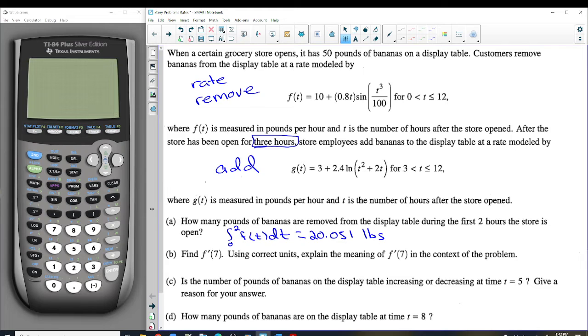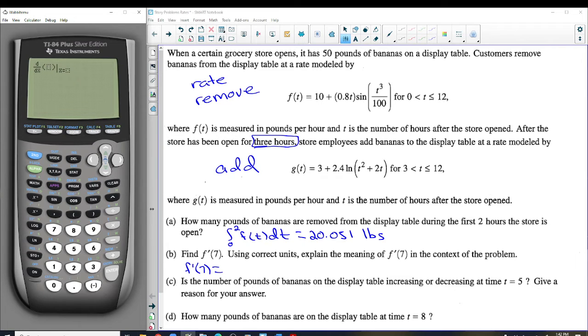B, find f prime of 7, use correct units, explain the meaning of f prime of 7 in the context of the problem. So f prime of 7 is equal to, and we don't do this very often during the year because I want you to take the derivative of functions and get a lot of practice for that, but now that we're towards the end, if we can use a calculator, let's use the calculator. Math number 8 does derivative at a certain value.